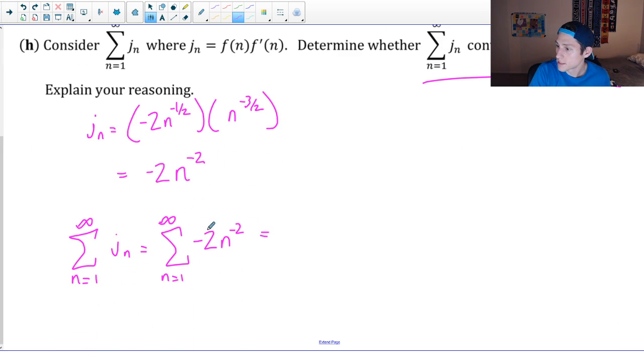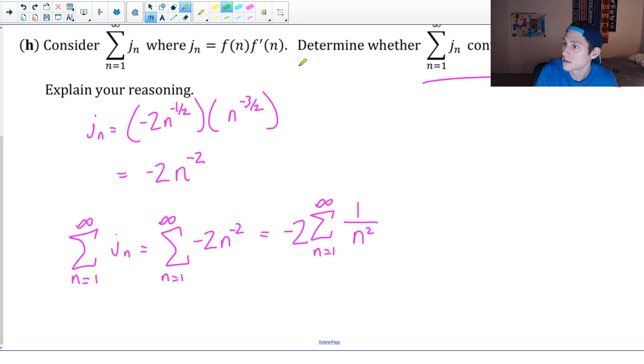Okay, so let's take this negative 2, pull it out in front. n to the negative 2, I'm going to rewrite as 1 over n squared. Check it out. This is yet again another P series where the P value is 2.